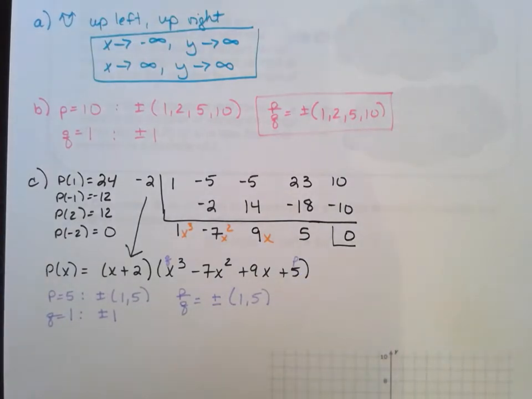Now, here's the cool thing. If when you tested a zero in the first set of p's and q's, it did not work, it won't work the next time. So we already know that 1 and negative 1 won't work. So let's try 5.